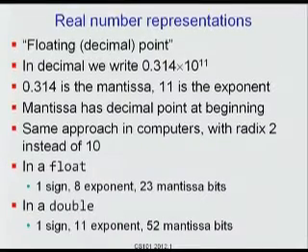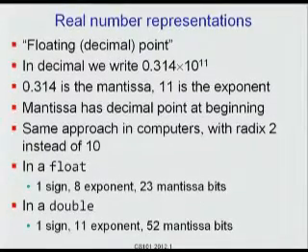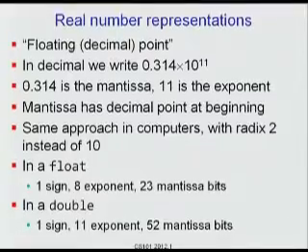There are 8 bits for the exponent which are represented in 2's complement manner, because the exponent can be both positive and negative. And then the mantissa is a binary fraction like I have drawn out on the board. Okay. There are 23 mantissa bits and 8 exponent bits and 1 sign bit. In a double, meanwhile, there is the same 1 sign bit, 11 exponent bits and 52 mantissa bits.